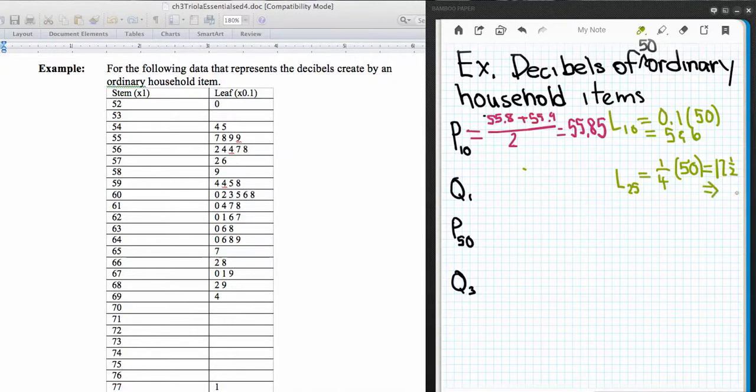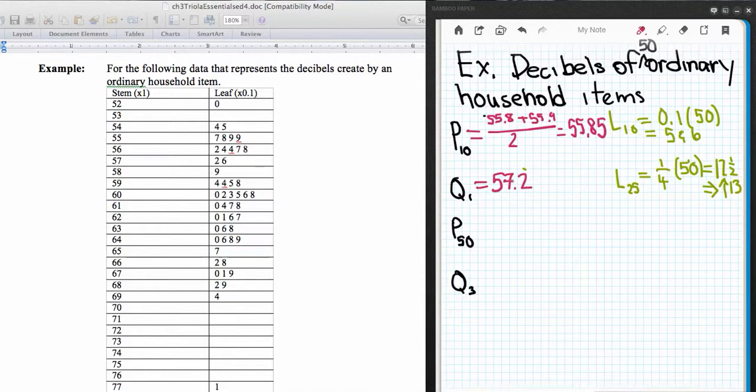So this is going to go up to the 13th position. Remember, it's not really rounding, it's always going up. And so I will be looking for the 13th positioned data point in order to find my 25th percentile. So 1, 2, 3, 4, 5, 6, 7, 8, 9, 10, 11, 12, 13. So 57.2 is my value.